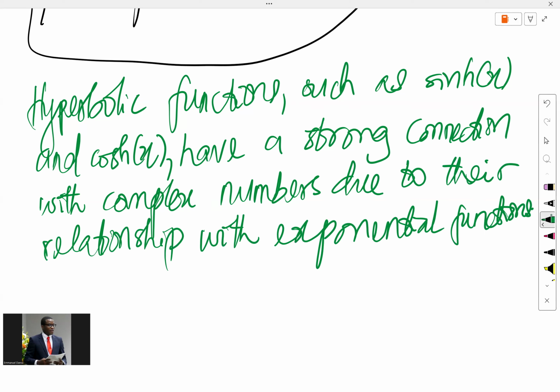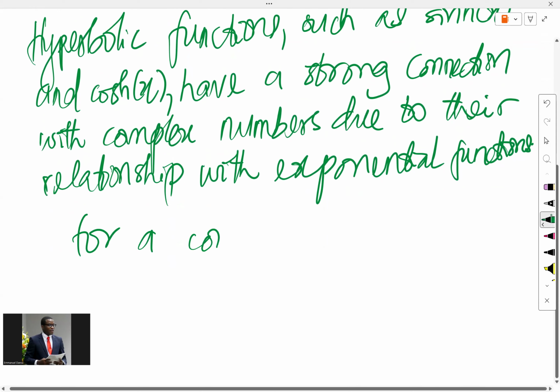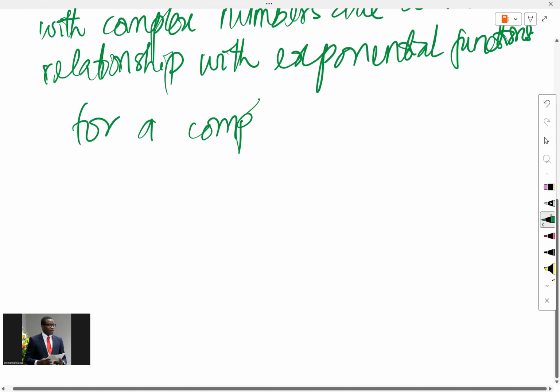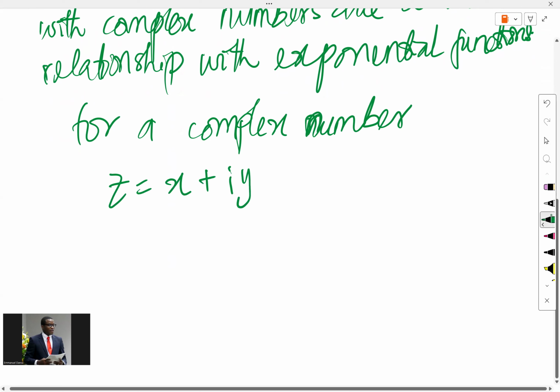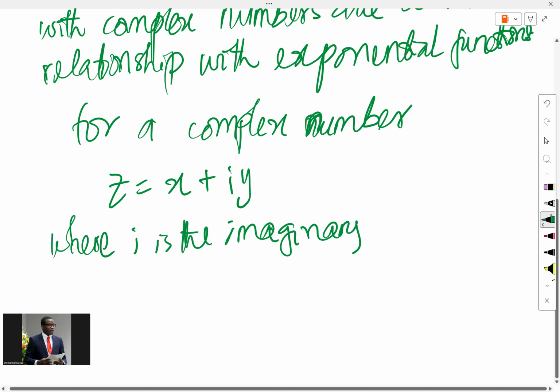So for a complex number, the general form is z equals x plus iy, where i is the imaginary unit. If you're new to that, i is basically the square root of -1, and that's what makes a number complex.